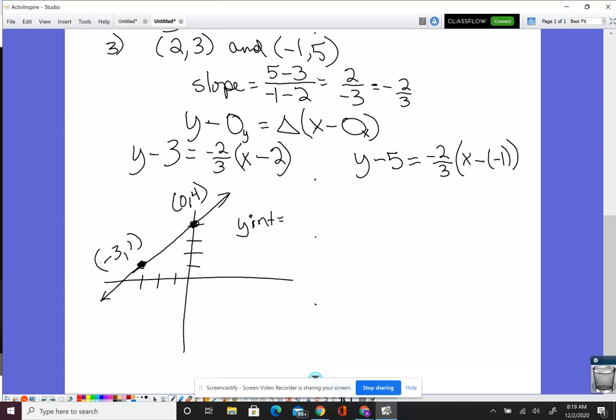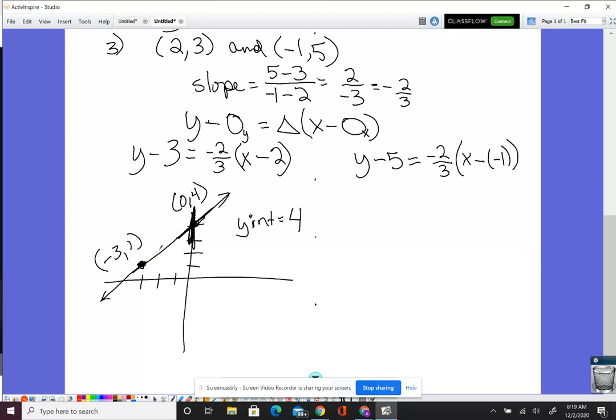So by just looking at the graph, can you tell me what the y-intercept is? Where does it cross the y-axis? So where does that line cross the y-axis? Oh, it crosses it at 4. Okay.